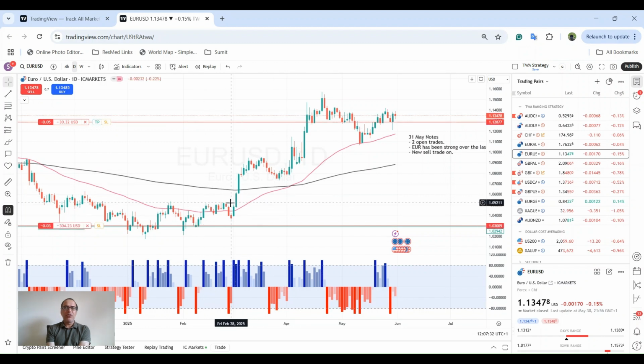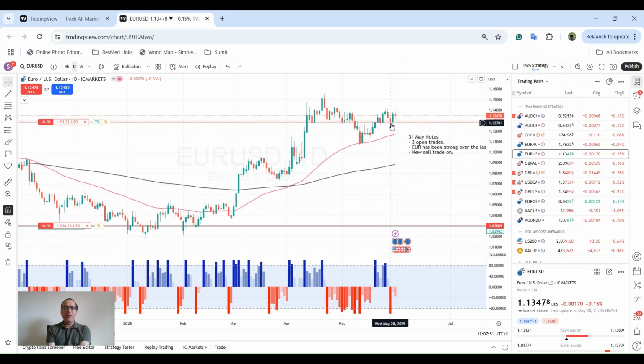The euro has been strong, or the dollar has been weak overall, and that's the reason for it. We have got a new sell trade, which came in just a couple of days back, and we are watching that one closely and trying to see if it makes some profit there.